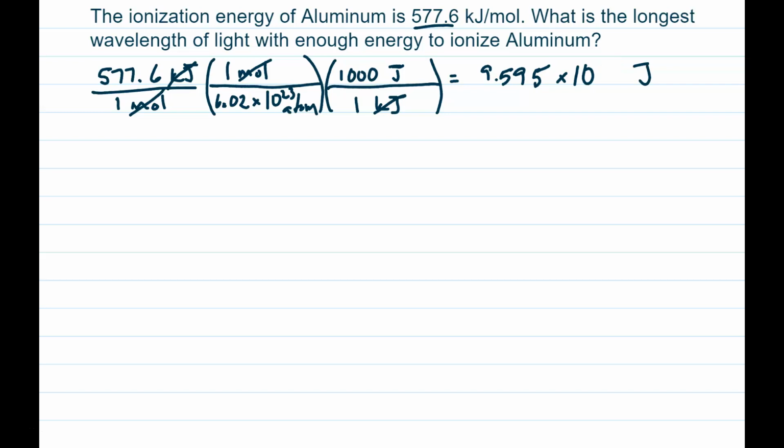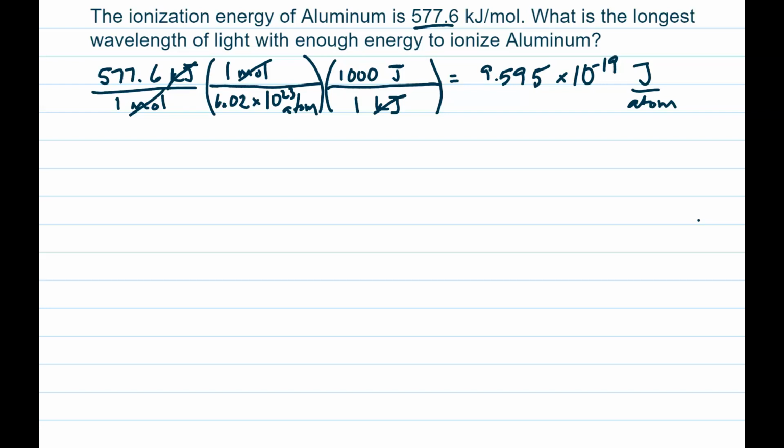Let's make that look a little more like a 19. Okay, so now I know how much I need per atom here. Joules, we could call this, in fact, say joules per atom if we want.